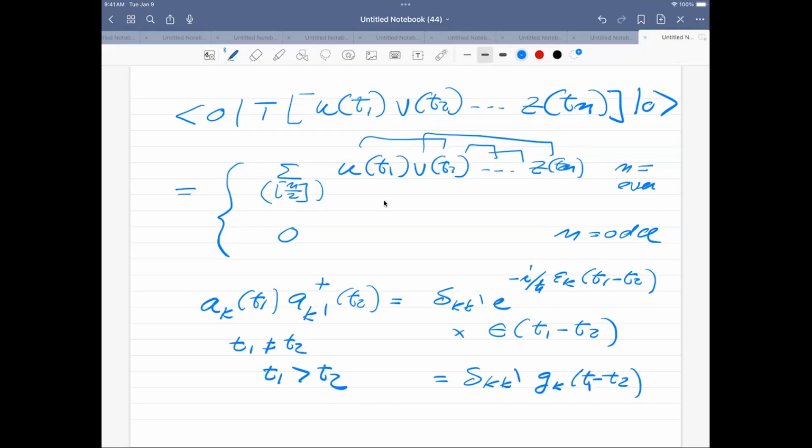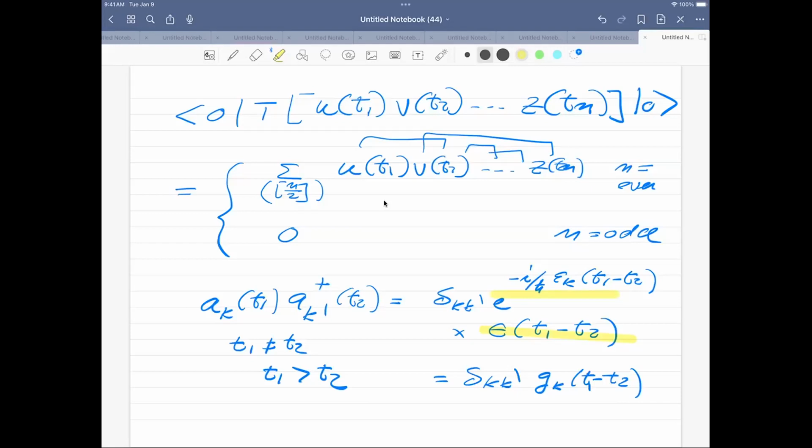And this function now contains this exponential, which you see here. So it contains this quantity and the theta function as well. So this applies for the case when T1 is larger than T2. So a particle gets created at T2, and then gets annihilated at T1.